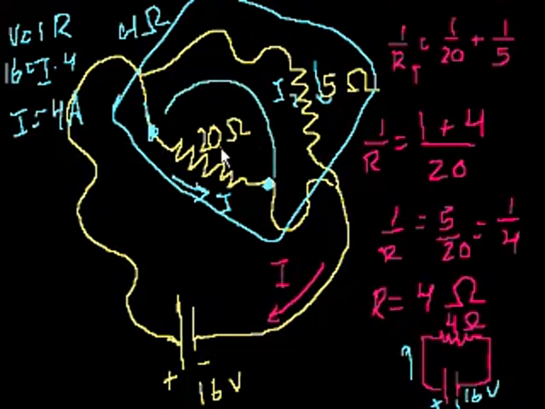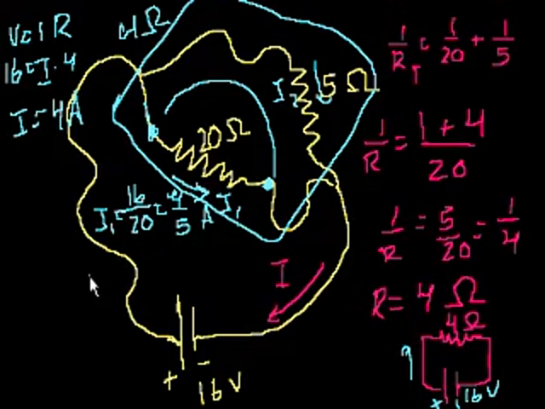So you have 16 volts across there, divided by 20 ohms. So let's call this I1. I1 is equal to 16 volts divided by 20 ohms, which is equal to 4/5 of an ampere, or 0.8 amperes, right?